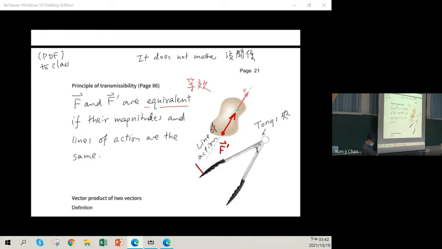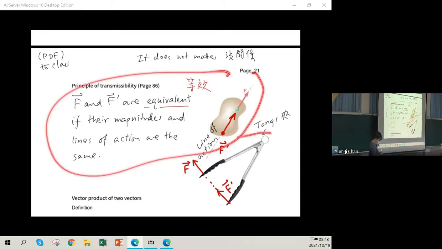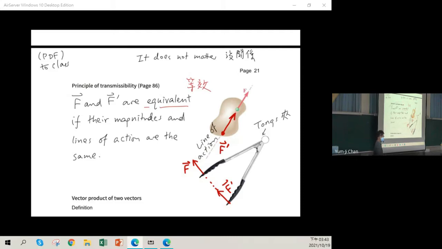If we put a force F here, it will make it wider, right? And if we put a force here, then these two sides come together, right? So why are F and F prime different in this case?